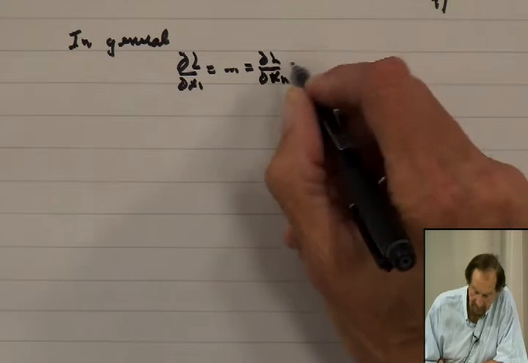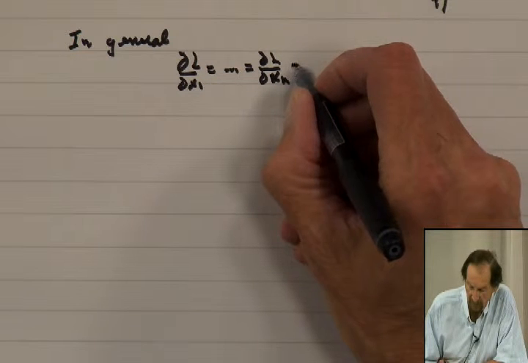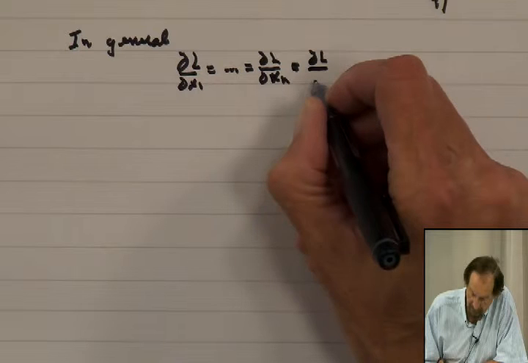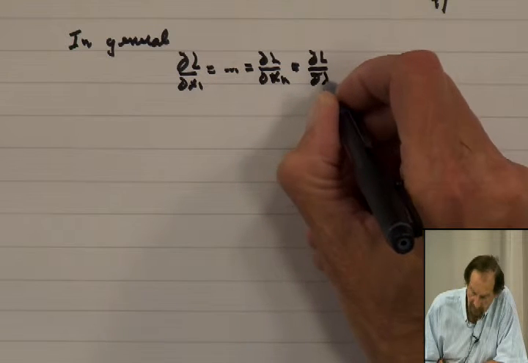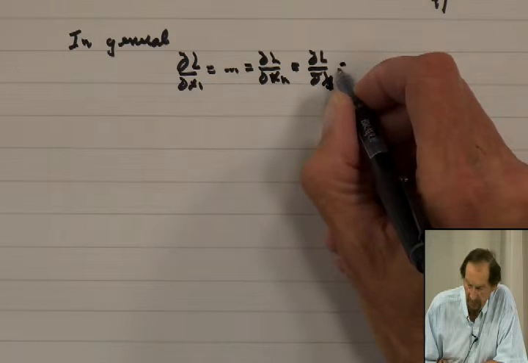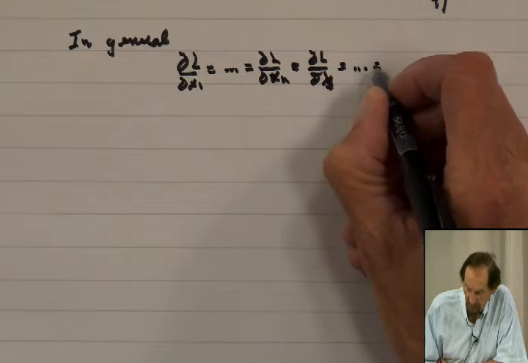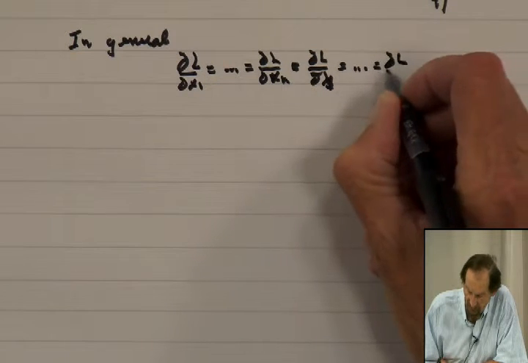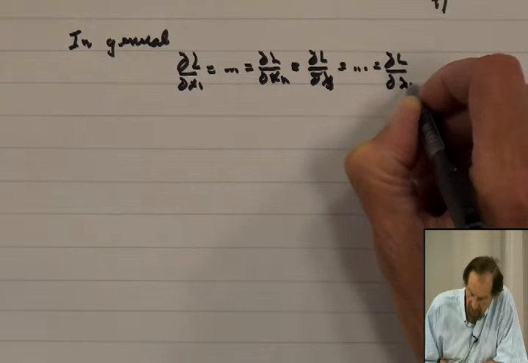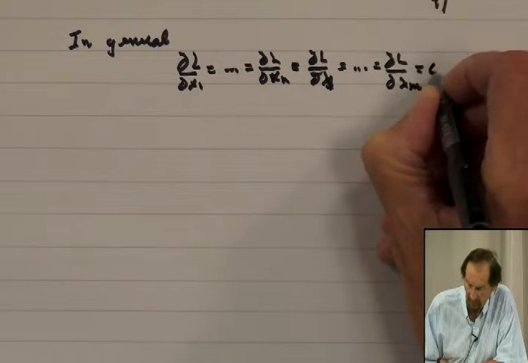In this case, we have n equal 2, equals the partial of the Lagrangian with respect to the first Lagrange multiplier, that's lambda 1, equals ... equals the partial of the Lagrangian with respect to the mth Lagrange multiplier, equals 0.